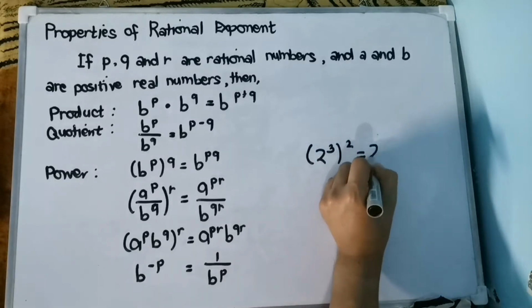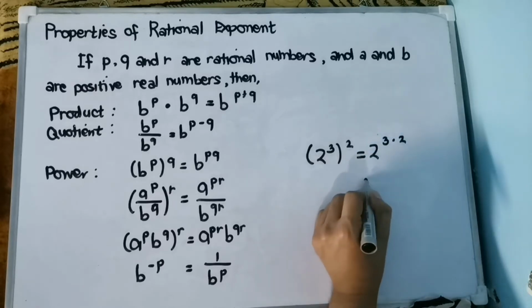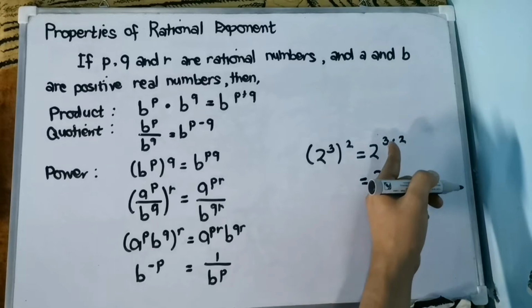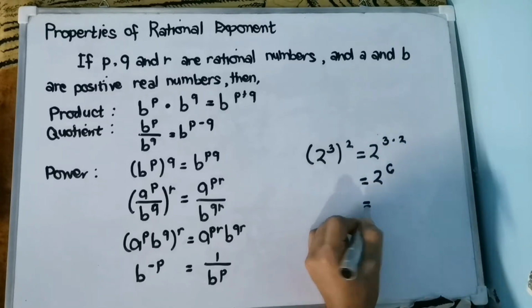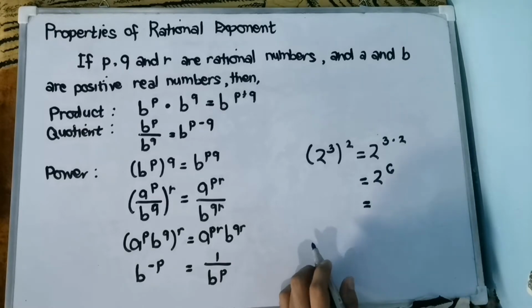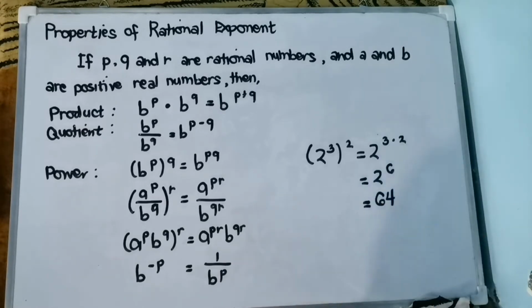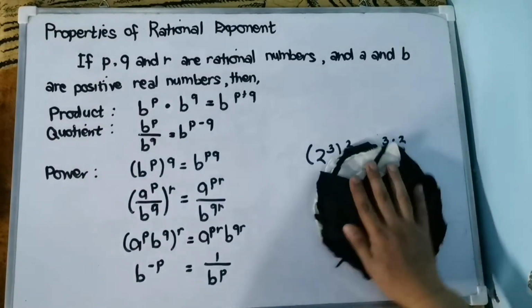So that is 2 raised to 3 times 2. 3 times 2 is 6. And 2 to the 6th is equal to 64. Okay, so that's the first concept under power rule.